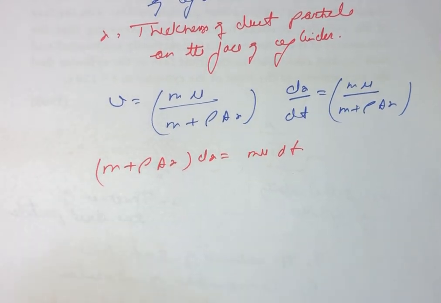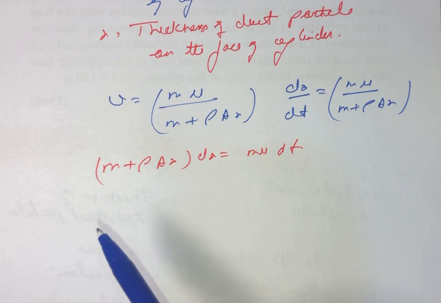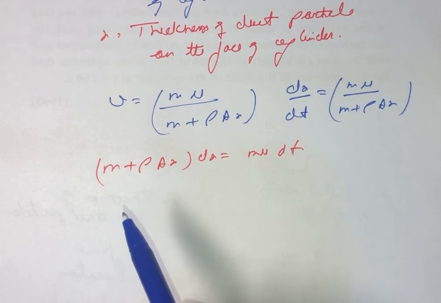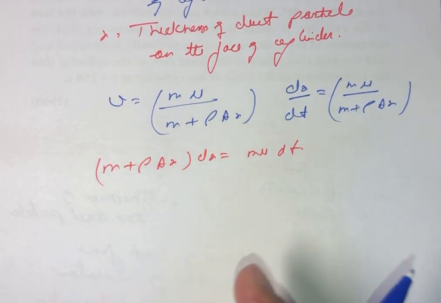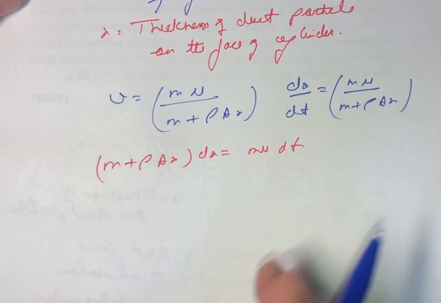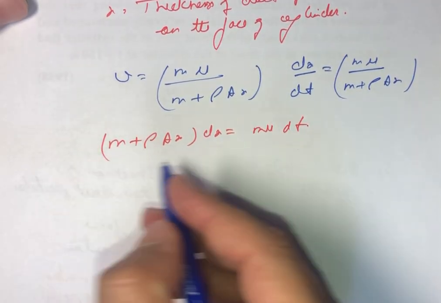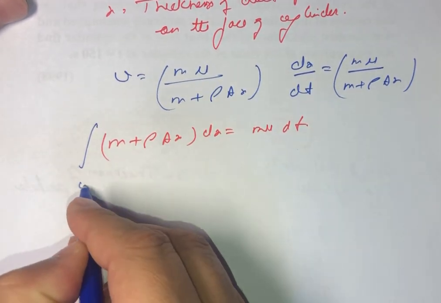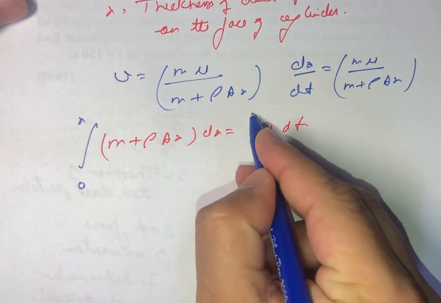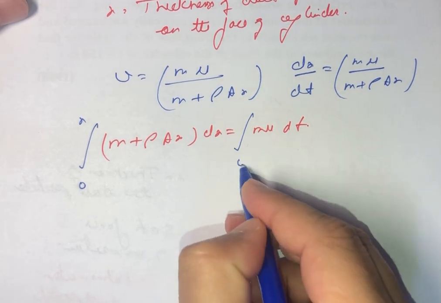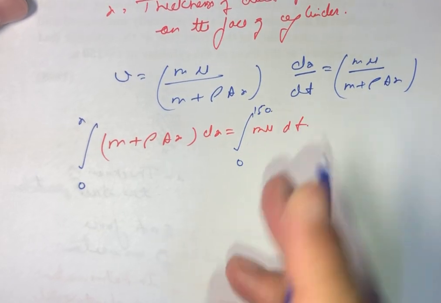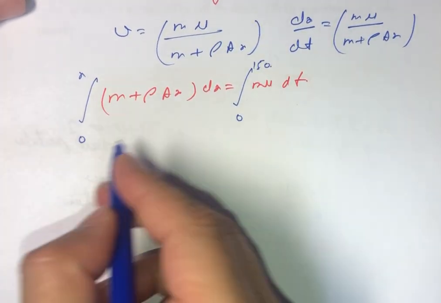Now in the question it is asked that we find the value of x with respect to time, when the time is 150 seconds, so we are going to integrate both sides. This will be from 0 to x, and this will be 0 to 150. So we get m x plus rho a x square by 2 is equal to mu t for the limit 0 to 150. We substitute the values.